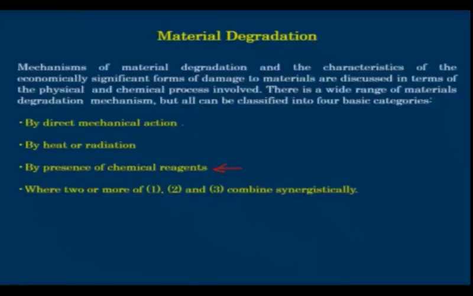So, those kinds of situations, for example, mechanical action and chemical reactions. A classic example is fretting action. In fretting also we have mechanical action as well as corrosion action. So, this combination can also lead to material degradation. Fine.